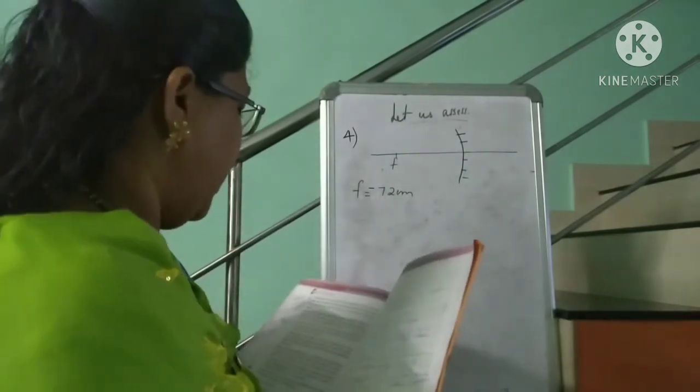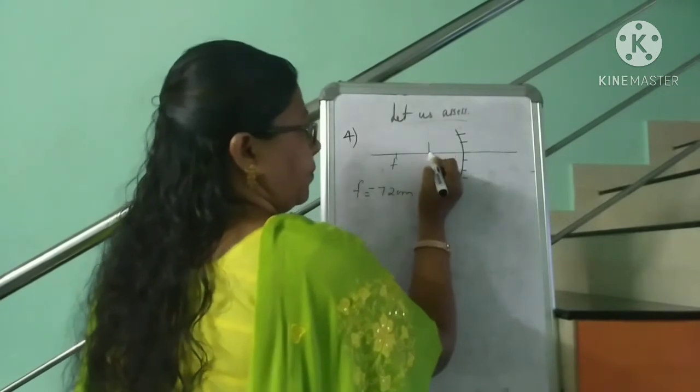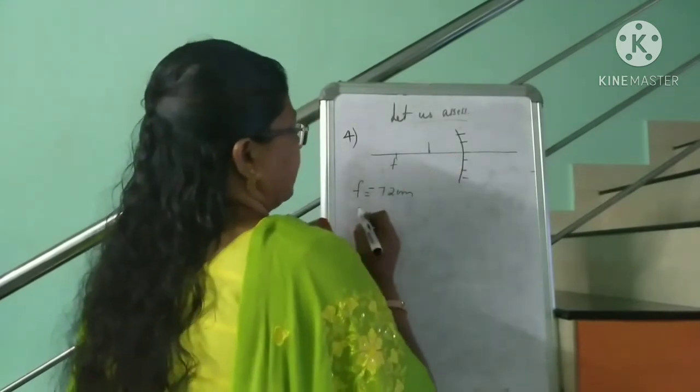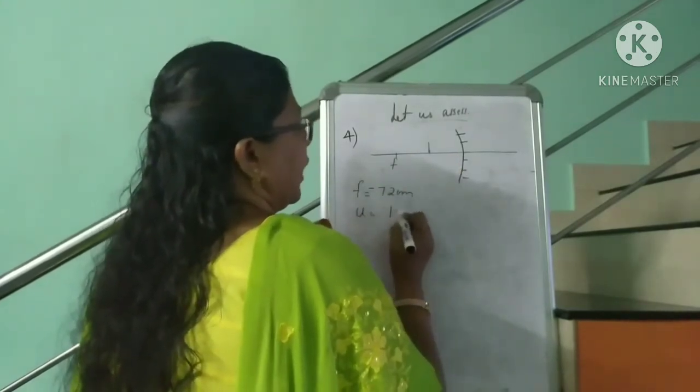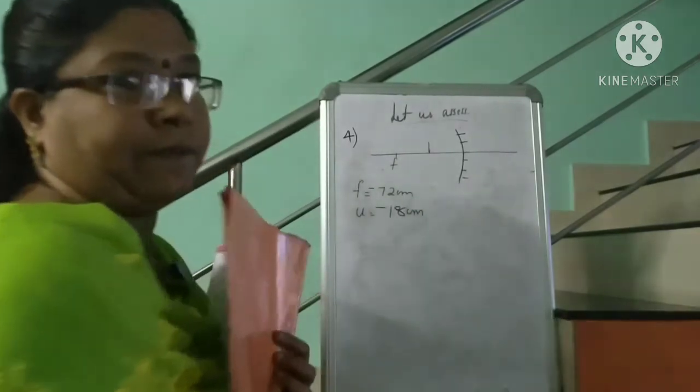Then, a man uses it standing away. So the man is standing here. What is the distance? U is equal to 18 centimeter. This will also be negative.